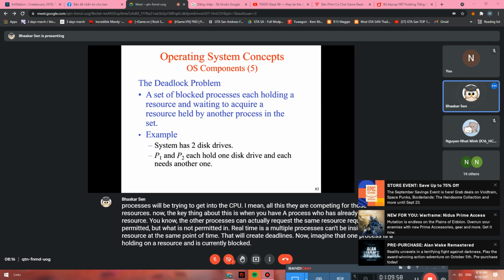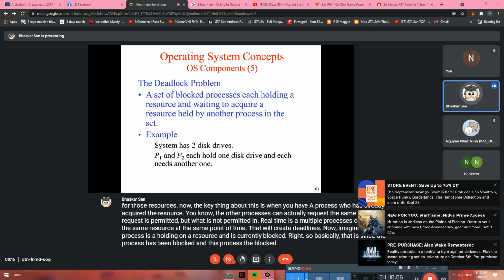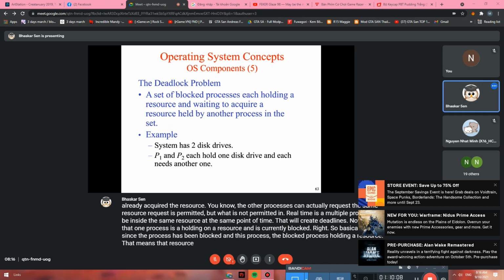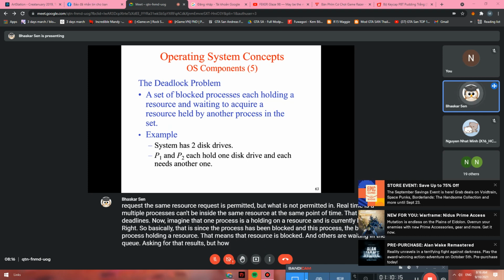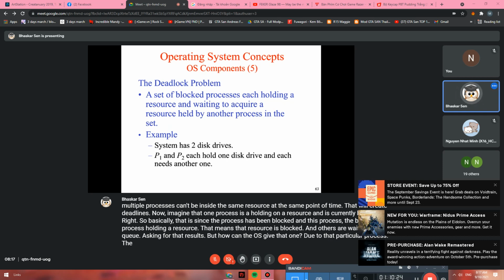Since that process has been blocked, that resource is blocked. And others are waiting in the queue asking for that resource. But how can the OS give it to the process that is asking for it? No way. So all of them will have to wait for an indefinite period of time.